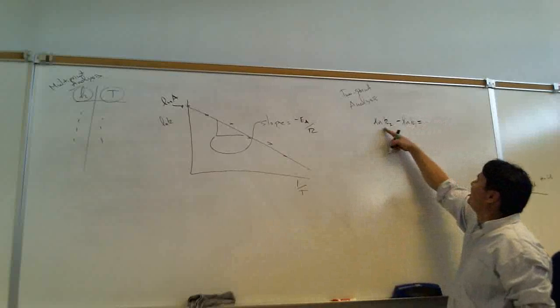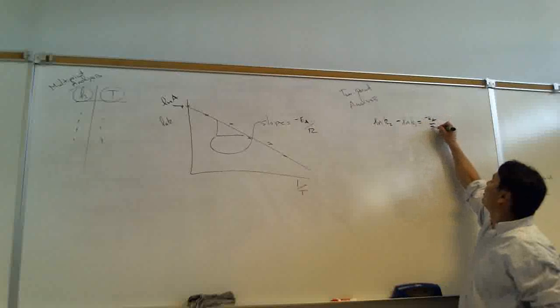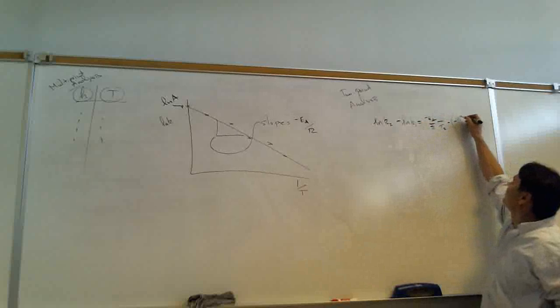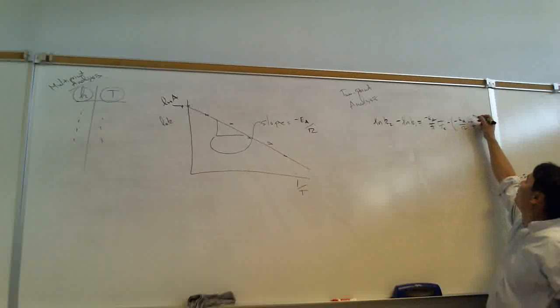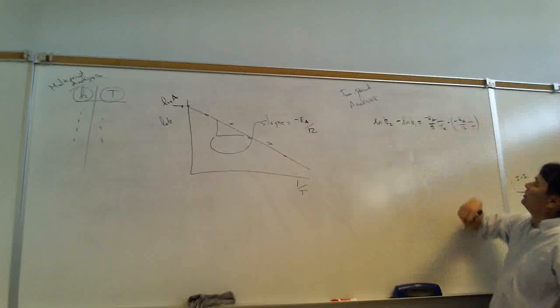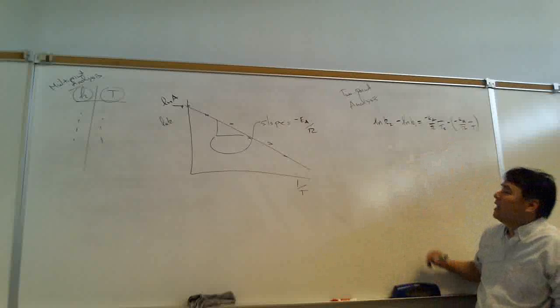Okay, this is going to equal, well, ln of K2 is equal to minus EA over R, 1 over T2, minus minus EA over R, 1 over T1. And then we just do some simplification of this.